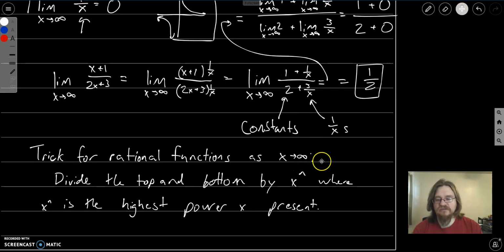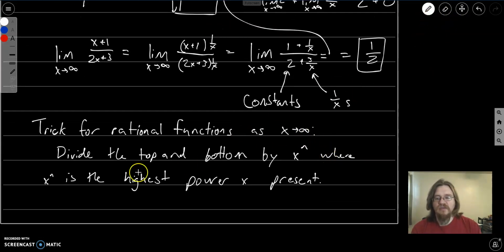And this is our trick. We want to divide the top and the bottom by x to the n. Maybe we have higher powers of x in there, and we want x to the n just to be the highest power of x that we see, and this will take care of things going off to infinity.